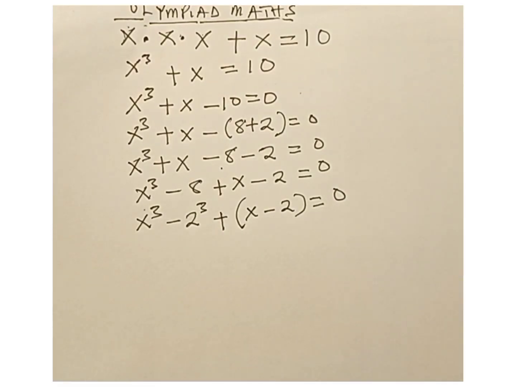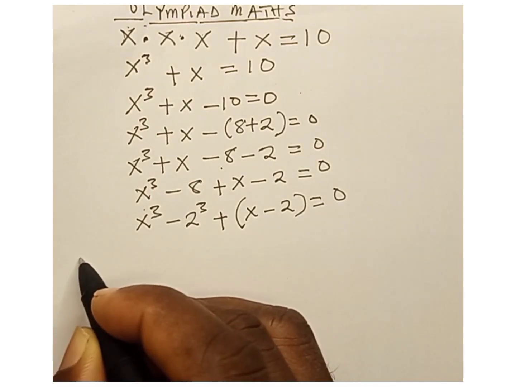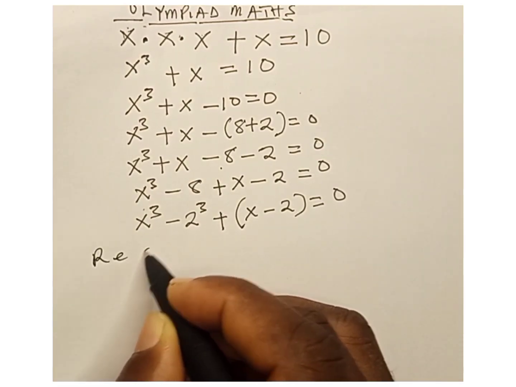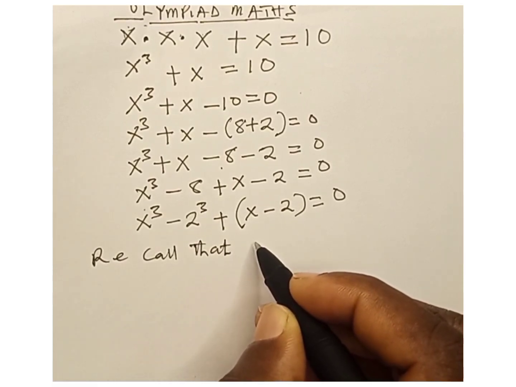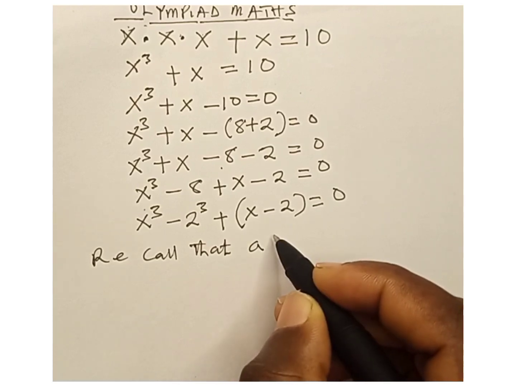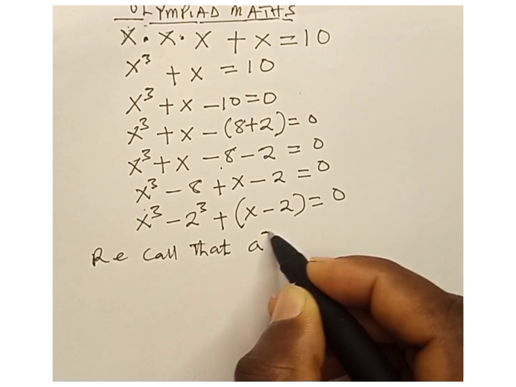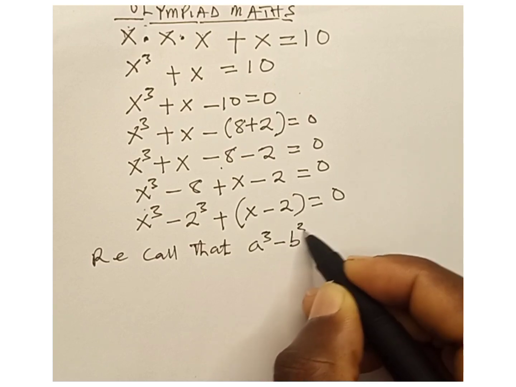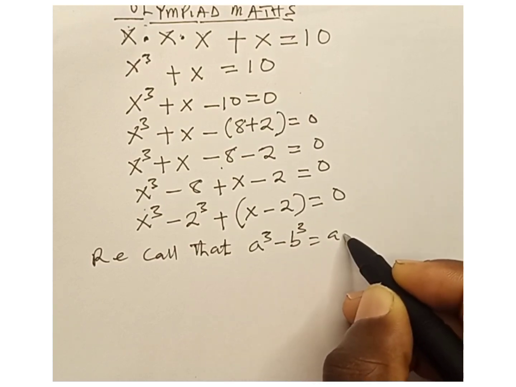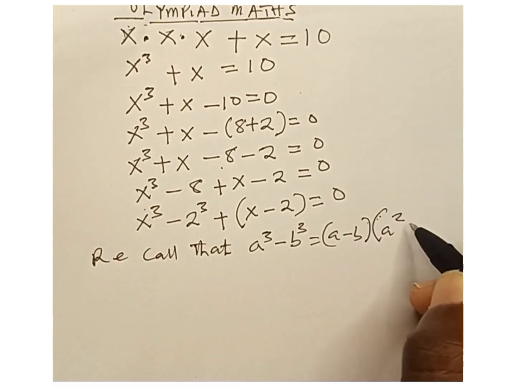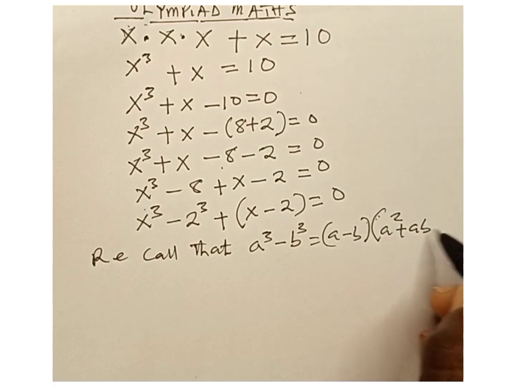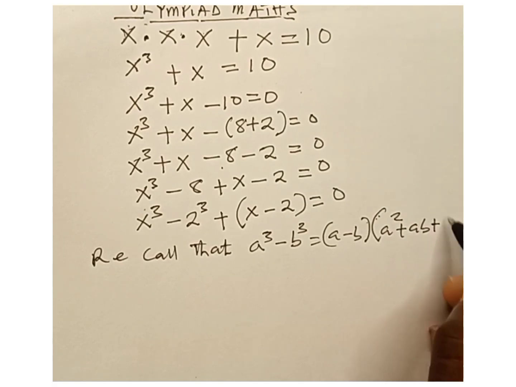So since we have this expression, you can also recall that A raised to power 3 minus B raised to power 3 equals A minus B, A square plus AB plus B square.